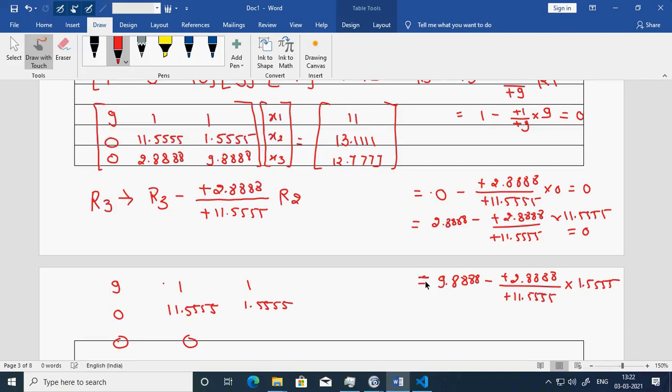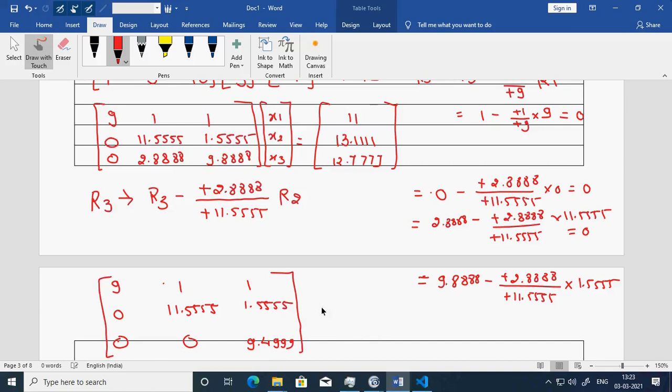So how much is this value? Anybody could calculate and let me know, please. 9.499. Okay, very good. 9.499.